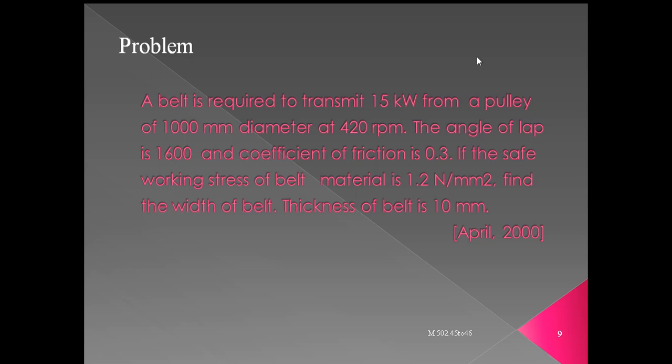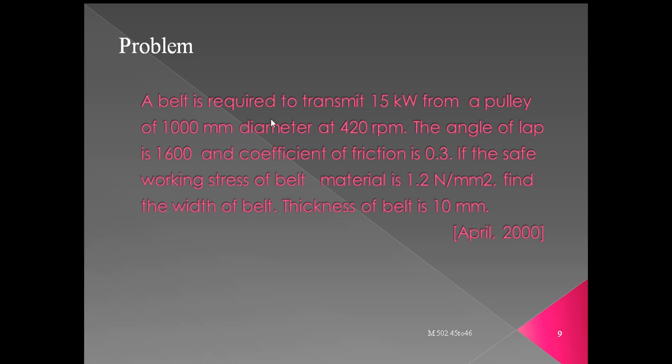The coefficient of friction is 0.3. If the safe working stress of belt material is 1.2 Newton per mm square, find the width of belt. Thickness of belt is 10 mm.